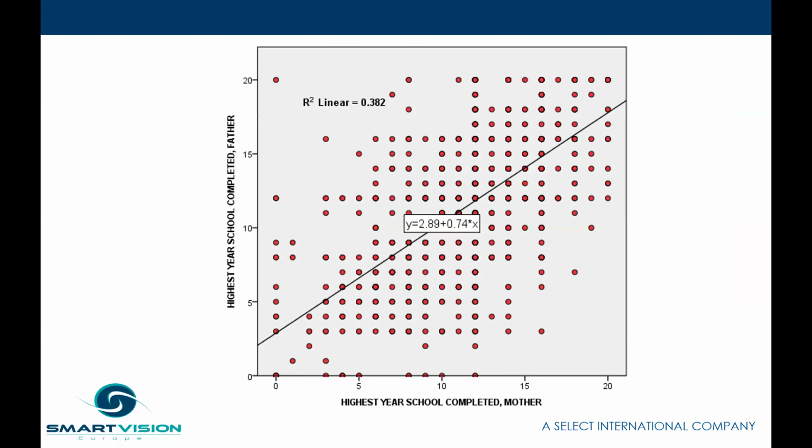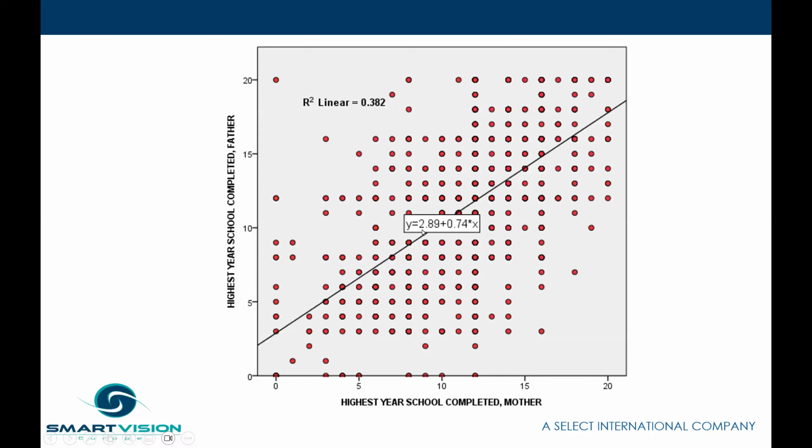Okay, so for example, if we return to the example we looked at earlier of years of high school completed by mother and years of high school completed by father, when you do a scatter plot of that in SPSS and you ask it to fit a line through it, the line of least squares, it will give you the R square, saying 38% of the variation in one variable overlaps with the variation in the other variable. It tells you how accurate it is. And it also gives you the equation.